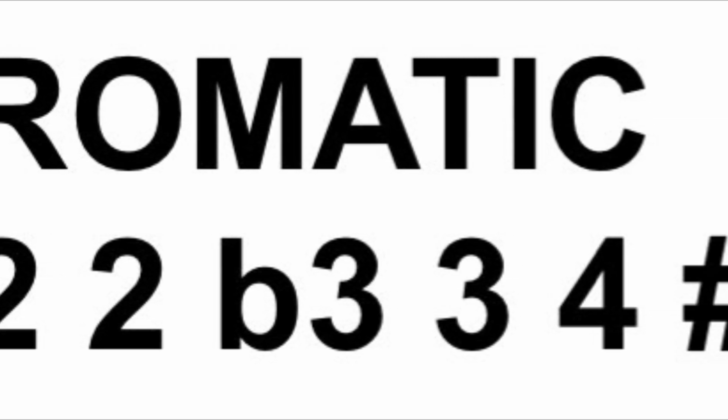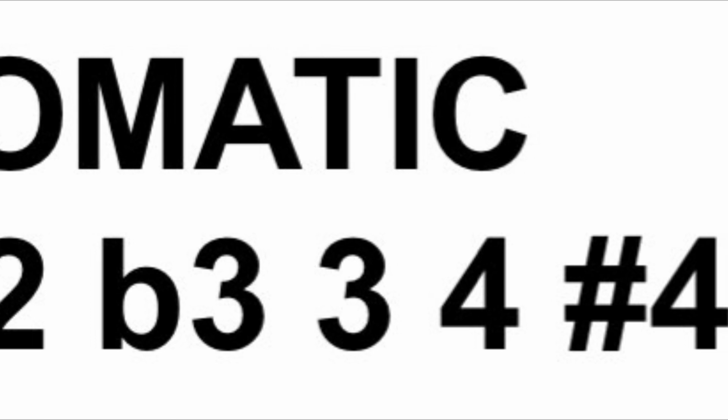Look here, we have 1, 2, 3, sharp 4, 5, 6, 7, 8. So now, if you add it all together intervallically, you have root, flat 2, 2, flat 3, 3, 4, sharp 4, 5, flat 6, 6, flat 7, 7, 8. You know what you got? You got the complete chromatic scale intervallically.